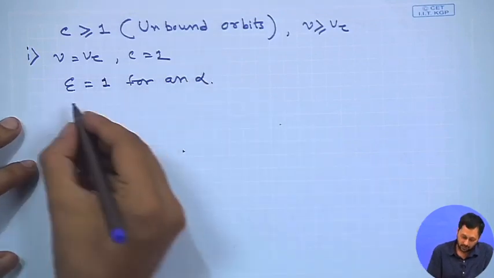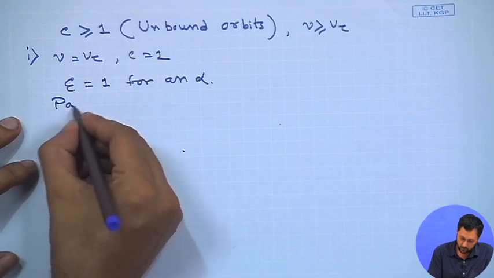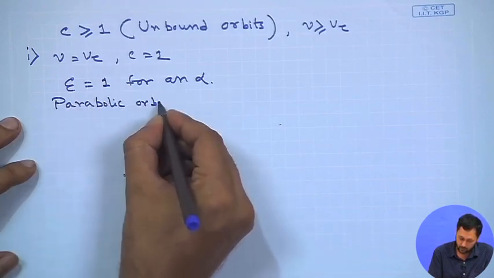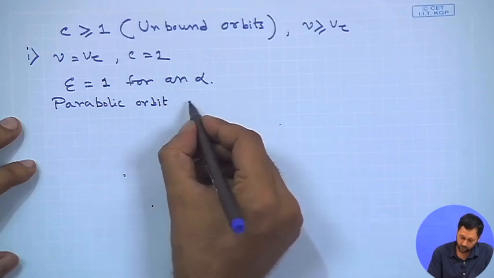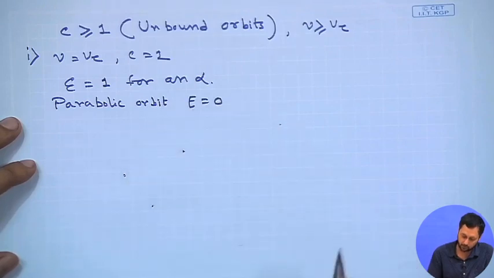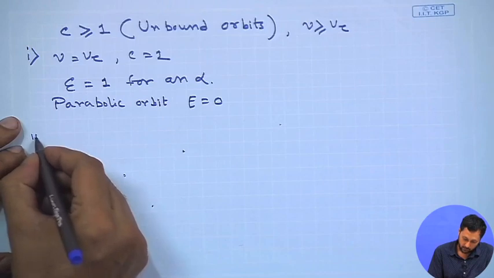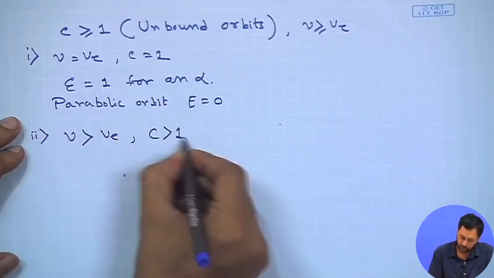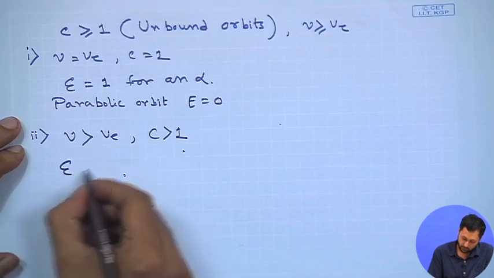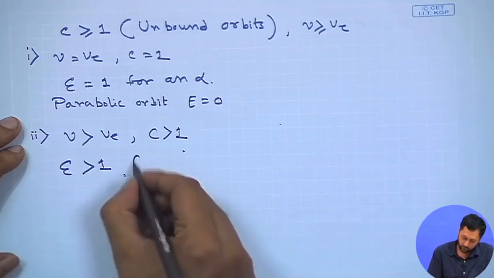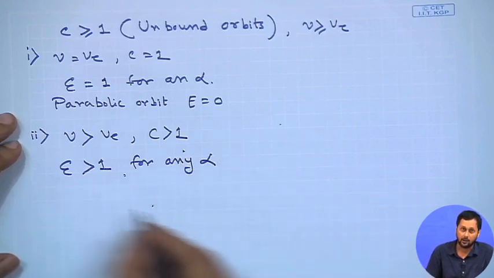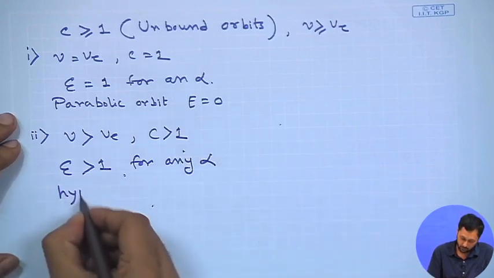So we get a parabolic orbit, and in this case the total energy of the orbit is equal to 0. What happens if we have v greater than ve, that means c greater than 1? We have epsilon greater than 1 for any alpha, and we have a hyperbolic orbit.